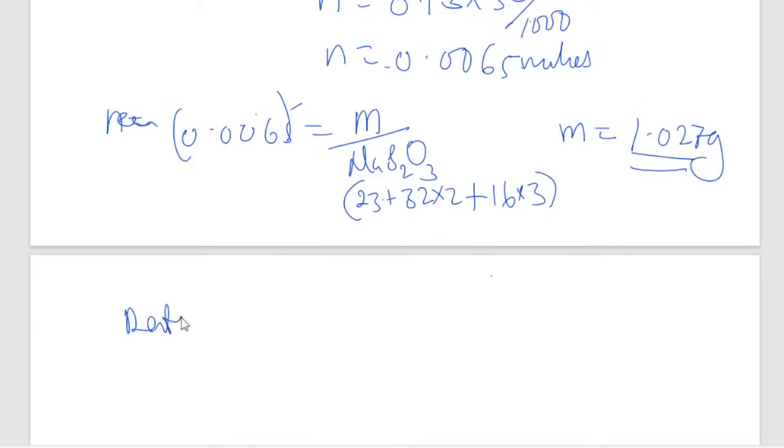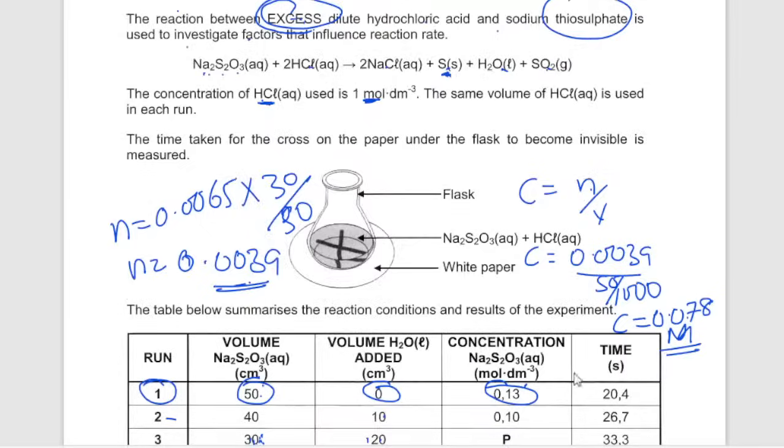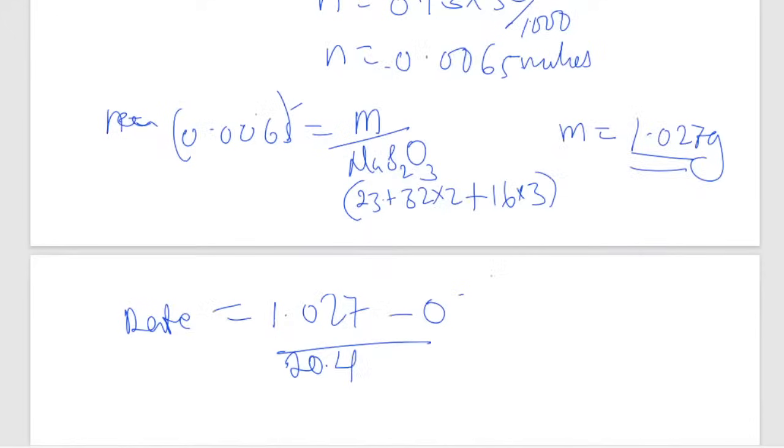All right. So now the rate is going to be equal to 1.027 minus 0, and then divided by 20.4. Is it 20.4? Let me check and confirm. Yes, 20.4 minus 0.